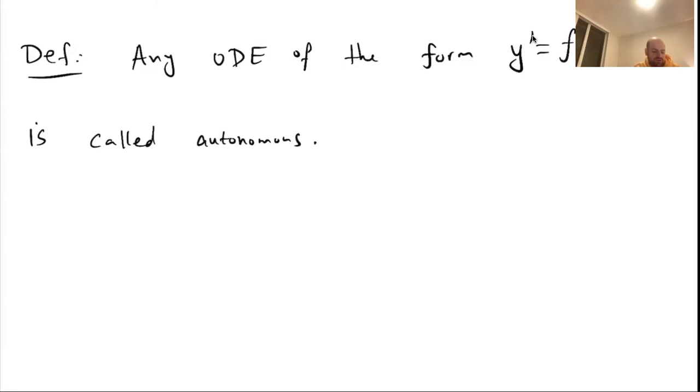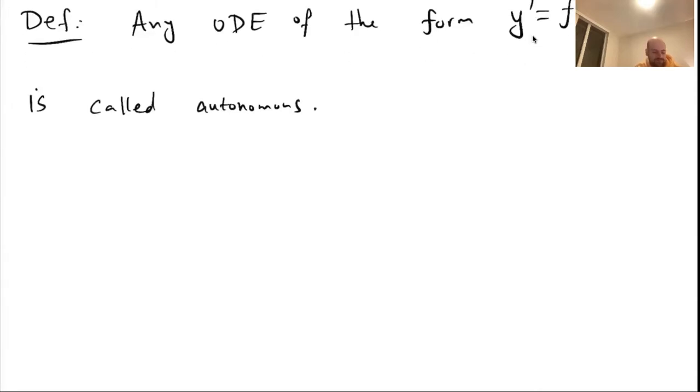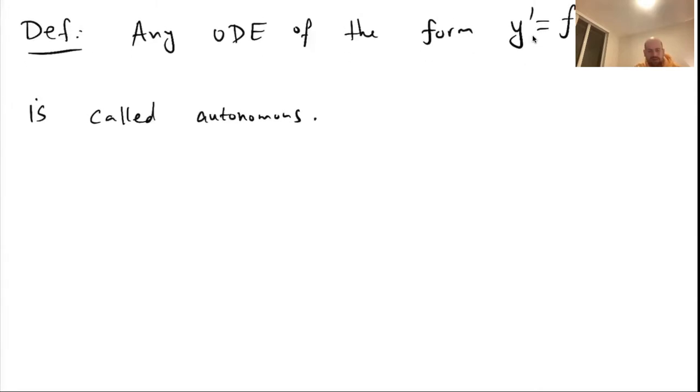So this is one notation for an autonomous equation. Another notation, which your book uses: instead of x and y, we can of course use t and x. Instead of x as independent variable and y as dependent variable, we can use t as independent variable and x as dependent variable.